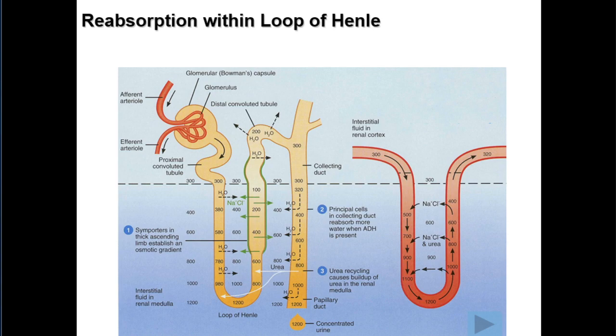Sodium chloride reabsorbed from ascending limb of Henle enters the medullary interstitium, and from here it enters the descending limb of vasa recta. Simultaneously, water diffuses from descending limb of vasa recta into the medullary interstitium.